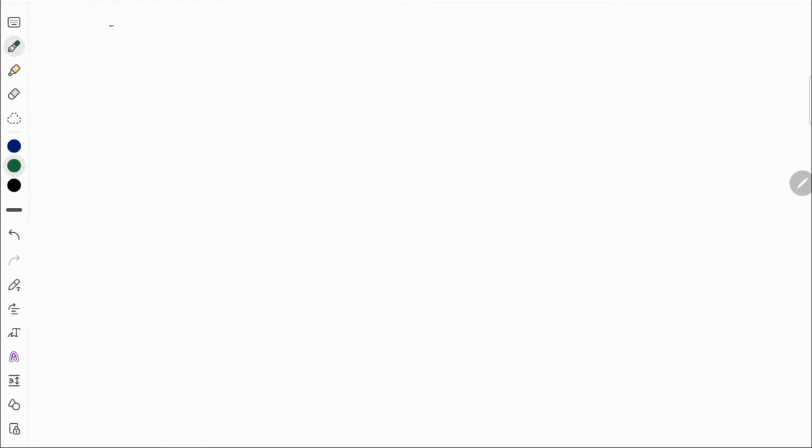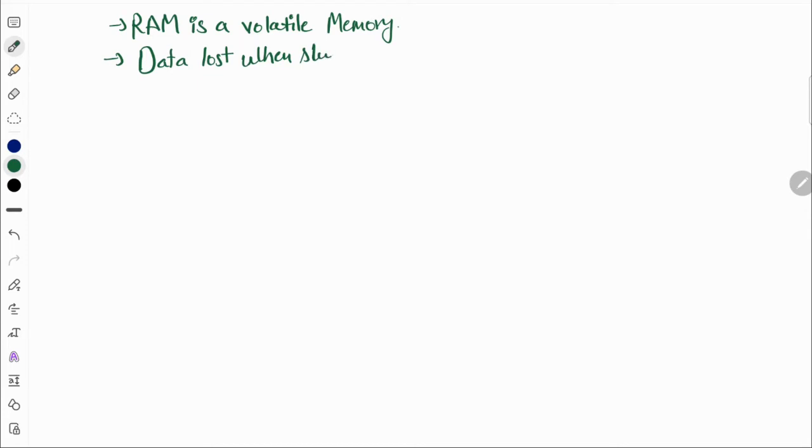RAM is a volatile memory. Data stored in it is lost when the computer is switched off. A backup uninterrupted power system is often used for this computer.